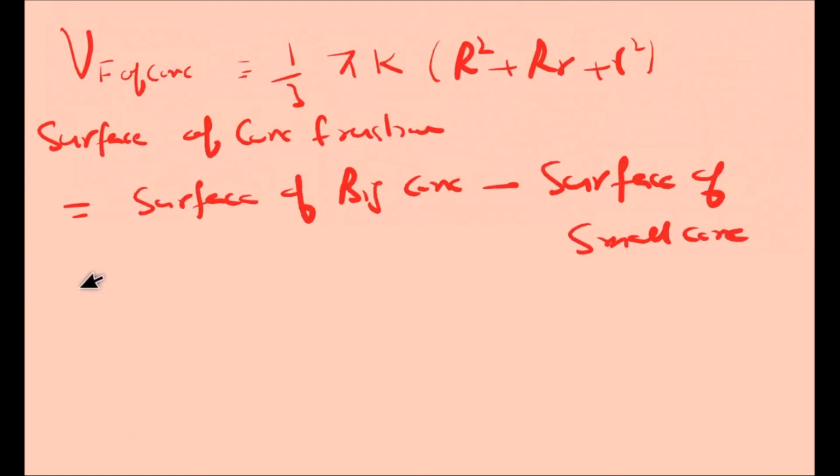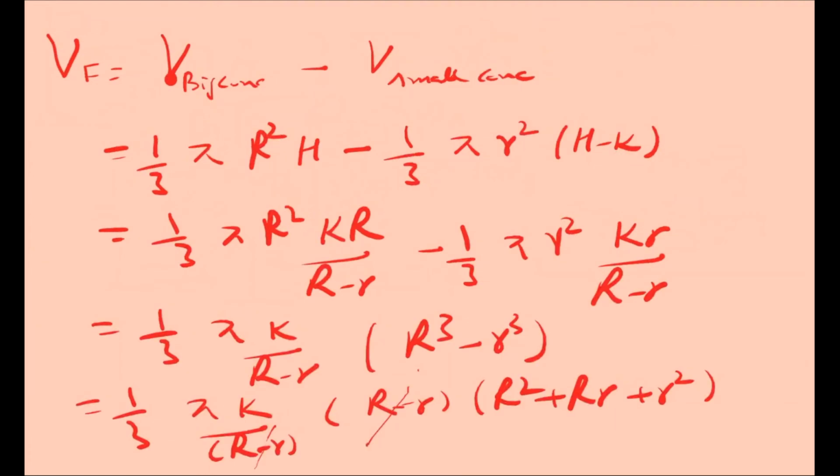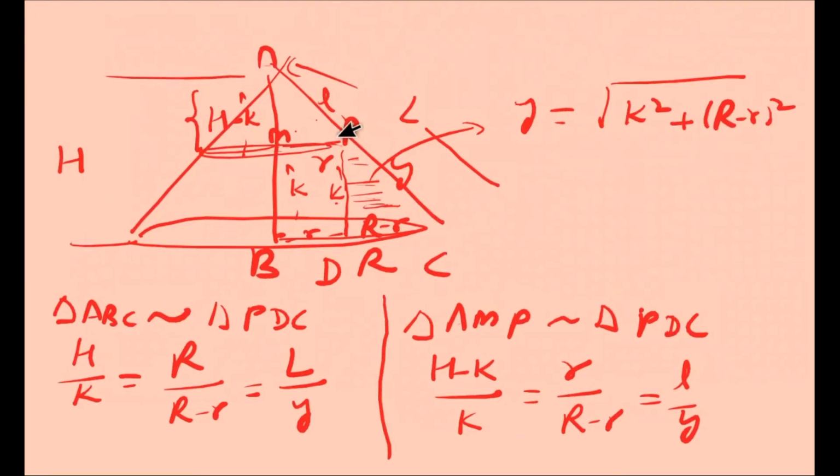Okay, so what is the surface of big cone? That is pi R L minus small cone pi r l. You can see in this figure. Now this is pi R L minus pi small r l.